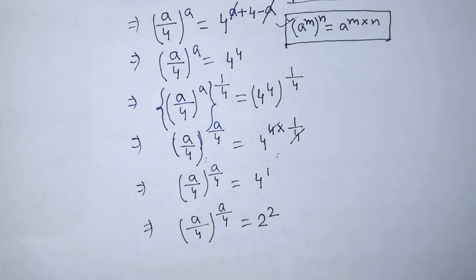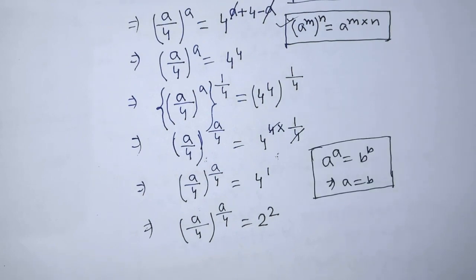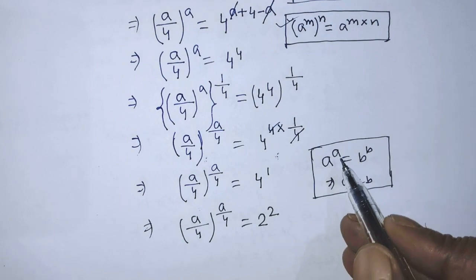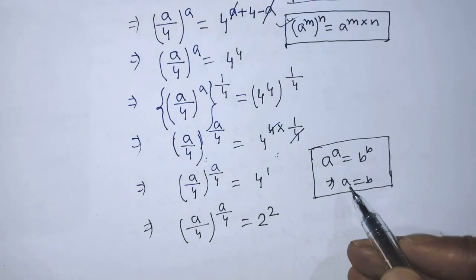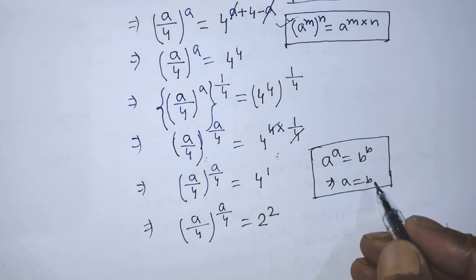So students, to find the value of a from this equation, we have to apply the formula: a to the power a is equal to b to the power b implies that a is equal to b.